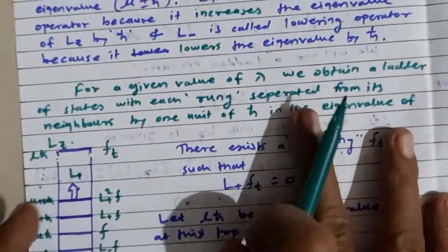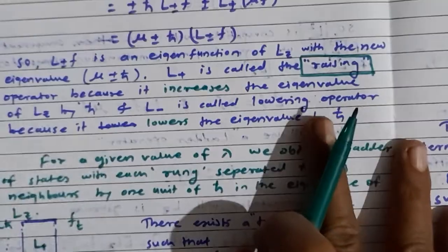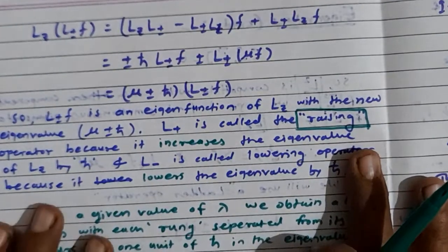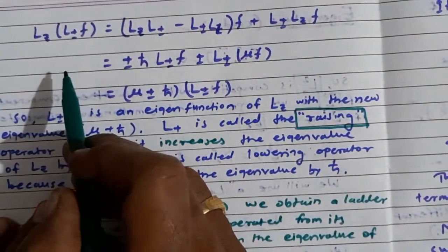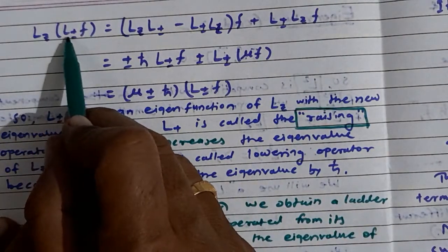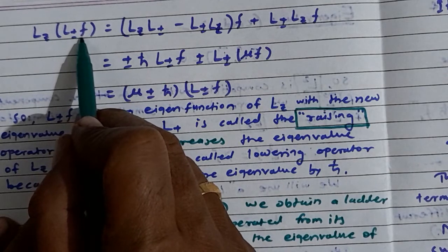Okay, now here we will use a similar eigenfunction, and that is L plus or minus. What we can have is Lz operating on L plus or minus f.